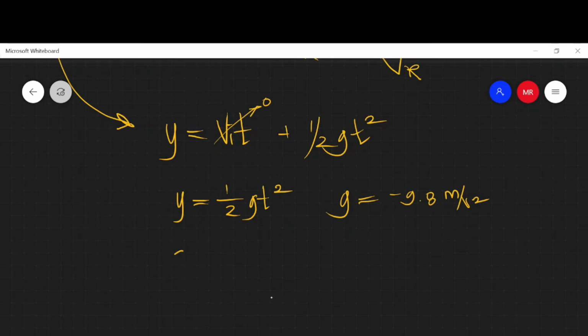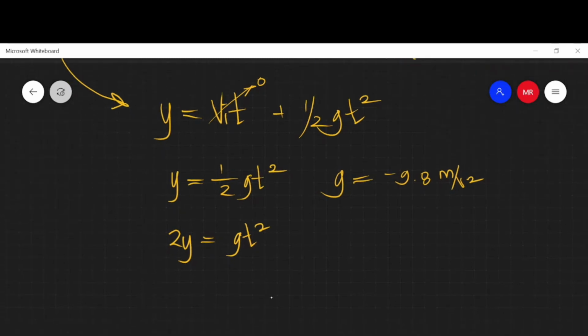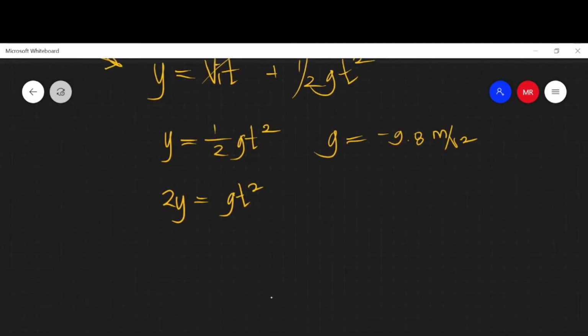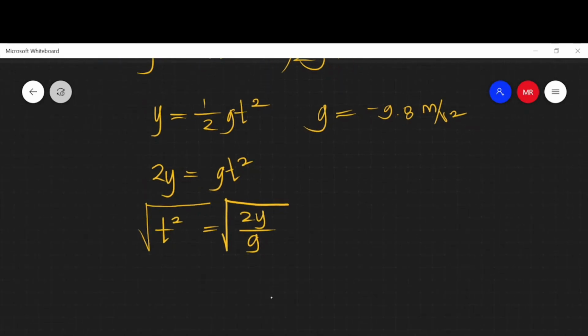Simplifying our equation, we'll have 2y is equal to g t squared. Then t squared is equal to 2y over g. Taking the square root of both sides of the equation, t is equal to the square root of 2y over g.